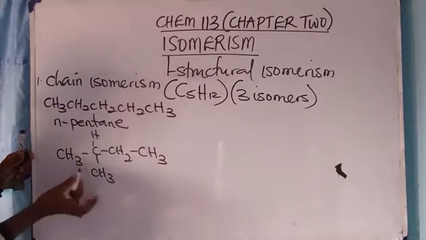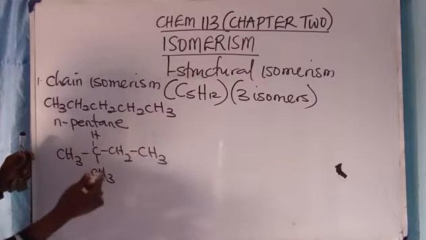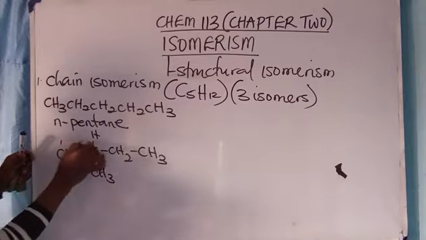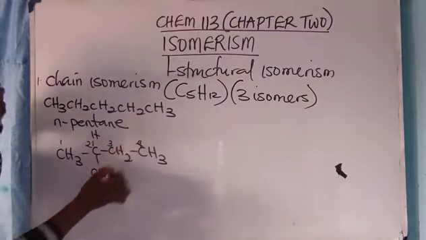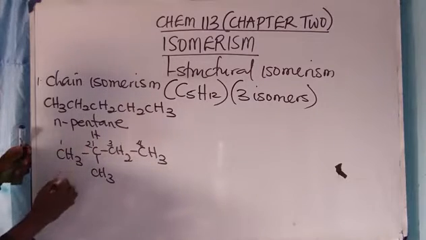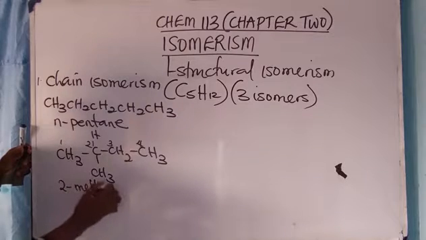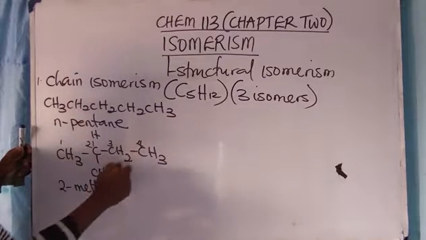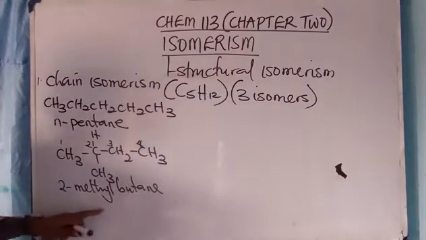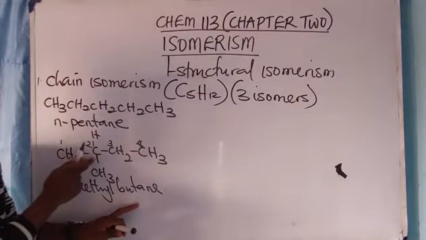You can see that this one is a branched pentane compound. Counting from 1, 2, 3, 4, the substituent is at carbon 2. It becomes 2-methylbutane, because the substituent is situated at carbon 2.